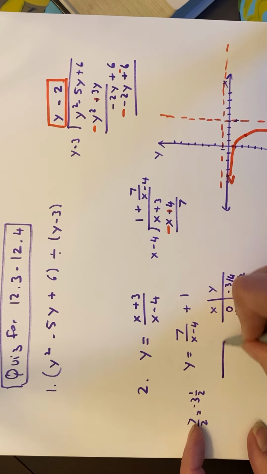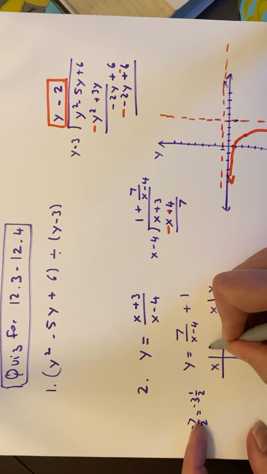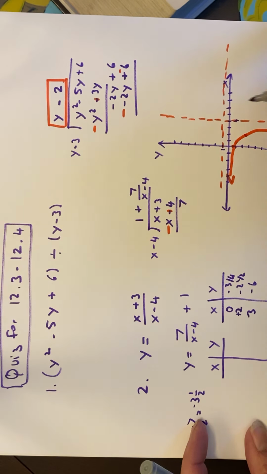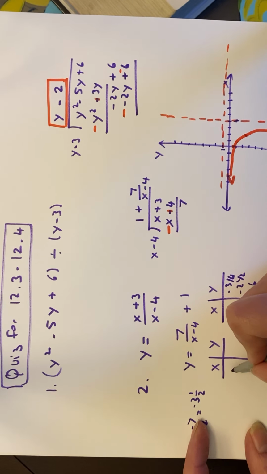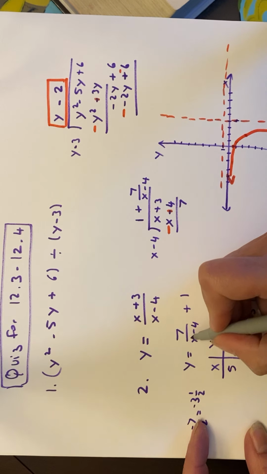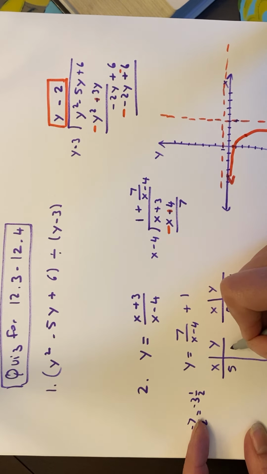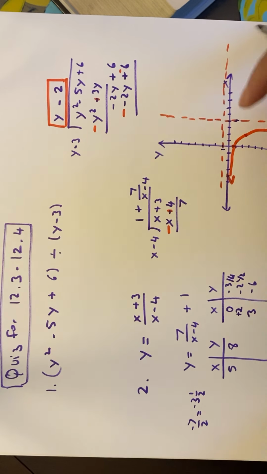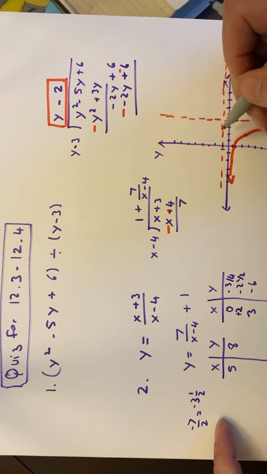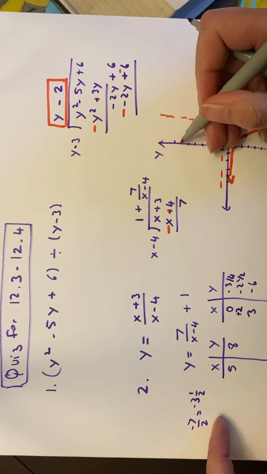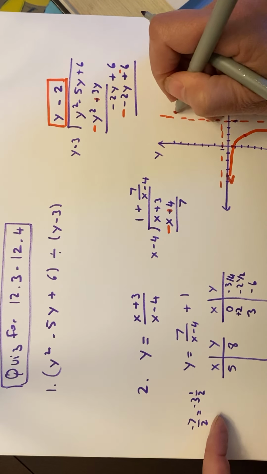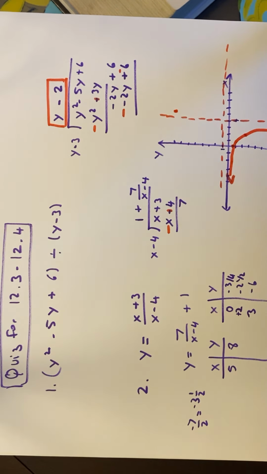I'm going to just move over here to do the second branch and put in 5 for x. 5 minus 4 is 1. 7 divided by 1 is 7, plus 1 is 8. So x is 5, y is 8. 1, 2, 3, 4, 5, 6, 7, 8, which makes sense as my first point because the others will go down from there.